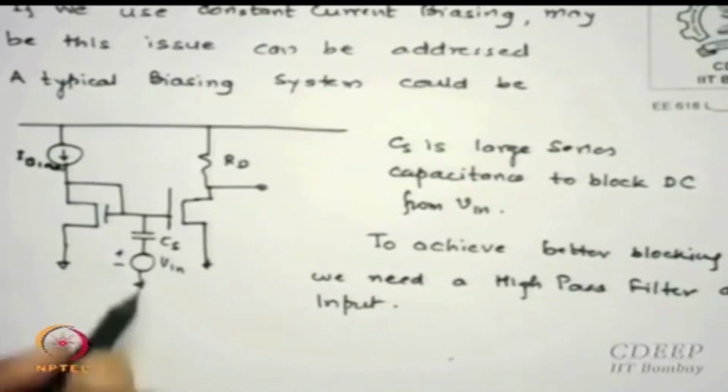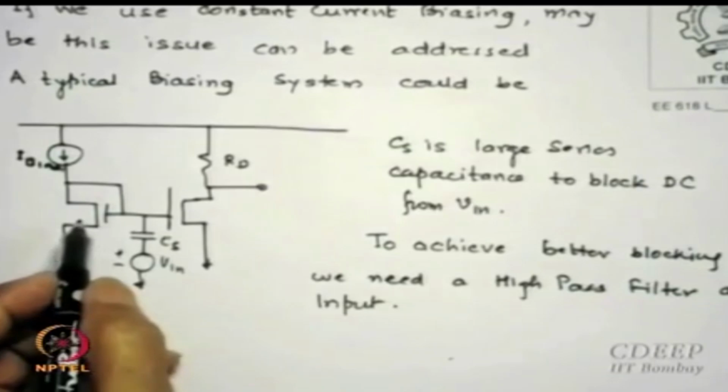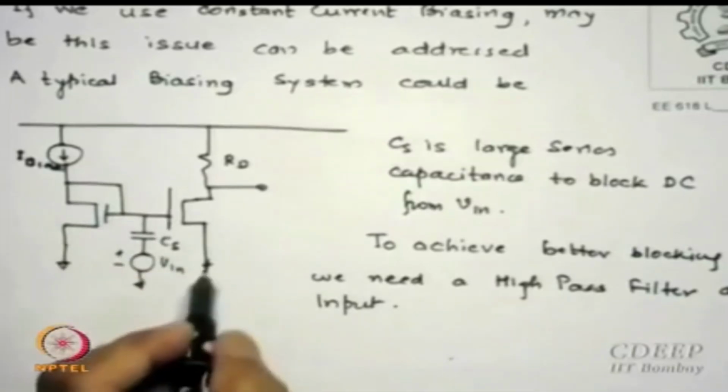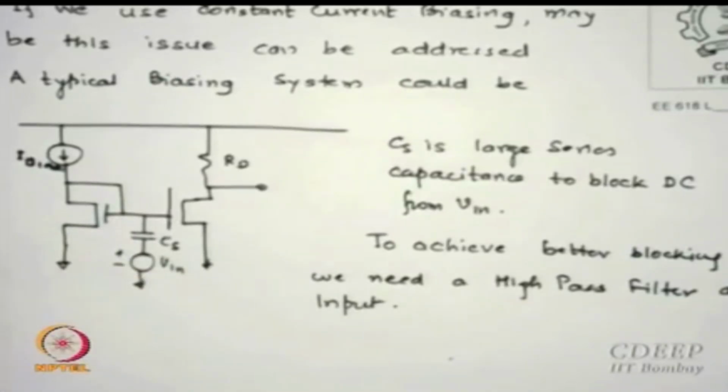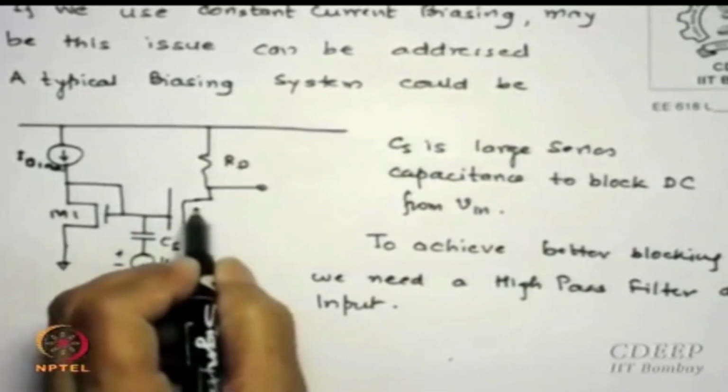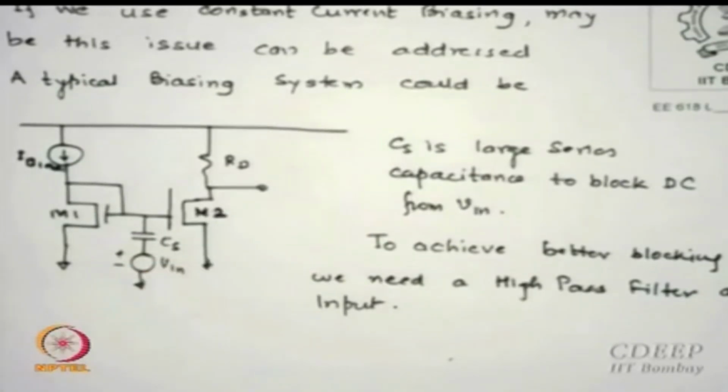Now the way we kept these two transistors, they are identical, their gates are common, their sources are common, so what is equal for both of them? VGS for M1 is the same as VGS for M2.